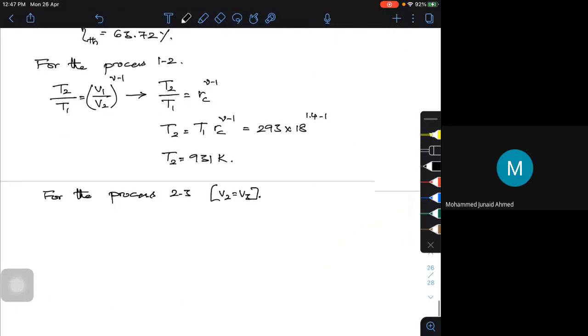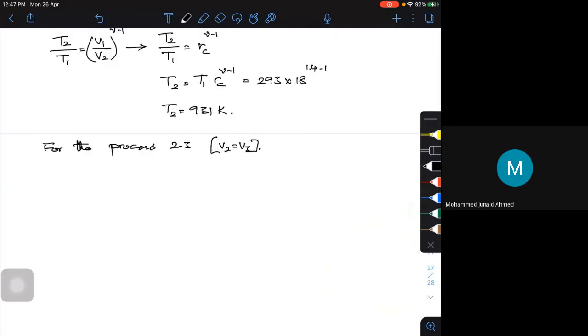So for the process 2 to 3, P2 V2 is equal to MRT, and V2 is equal to V3. I can write T2 by T3 is equal to P2 by P3.